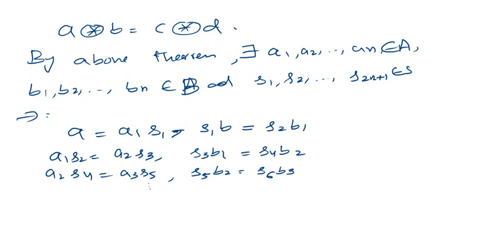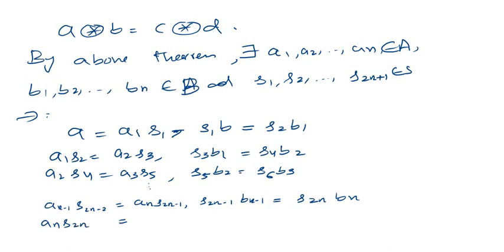And the last two lines you will have, I will write here: an-1 S2n-2 is equal to an S2n-1, then S2n-1 bn-1 is equal to S2n bn, and finally an S2n is equal to C times S2n+1 and S2n+1 bn is equal to D. We did this result yesterday as well.